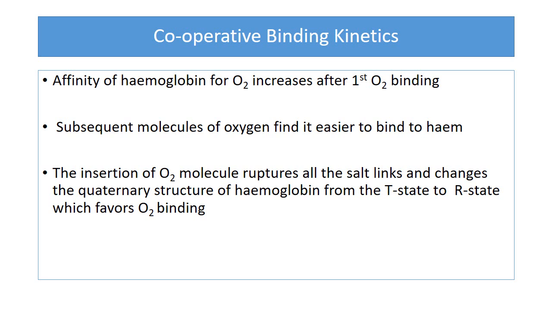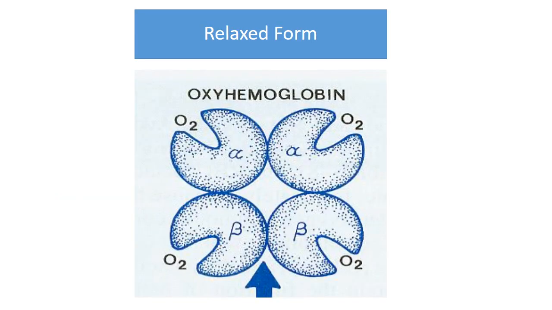This happens because the insertion of an oxygen molecule ruptures all the salt links and changes the quaternary structure of hemoglobin from the tense state to the relaxed state, and that relaxed state favors oxygen binding. Here you can see the relaxed or oxyhemoglobin form of hemoglobin. You can see the oxygen molecules attached to the hemoglobin.